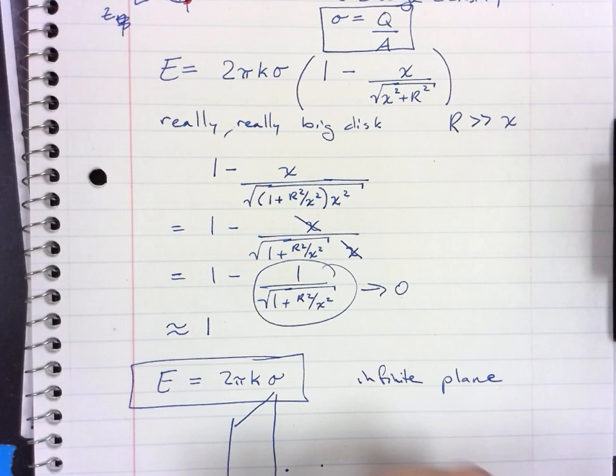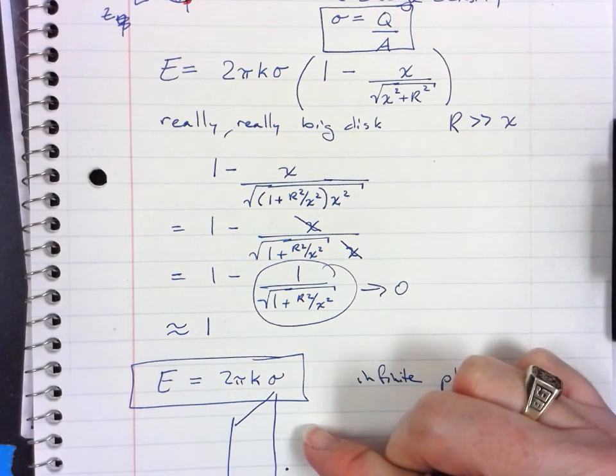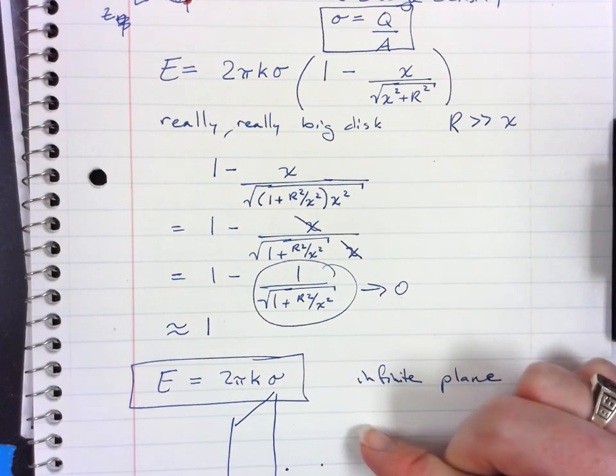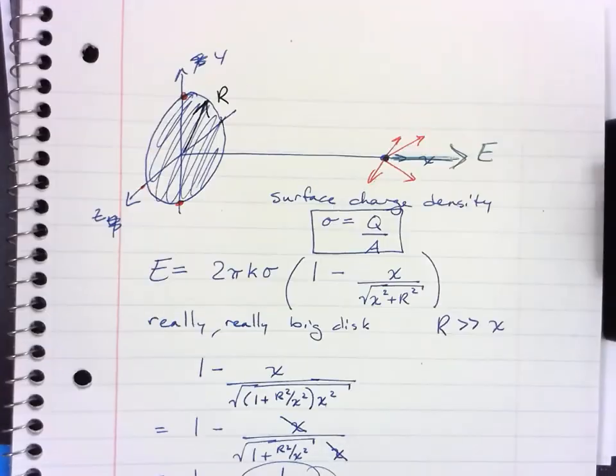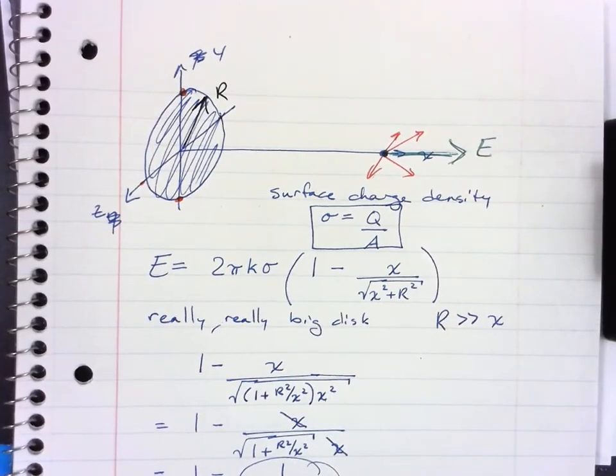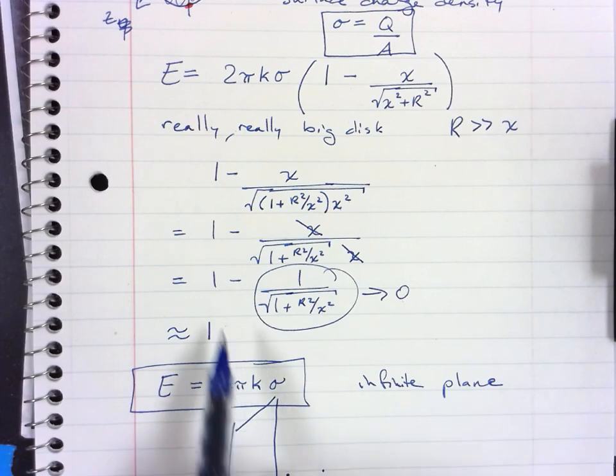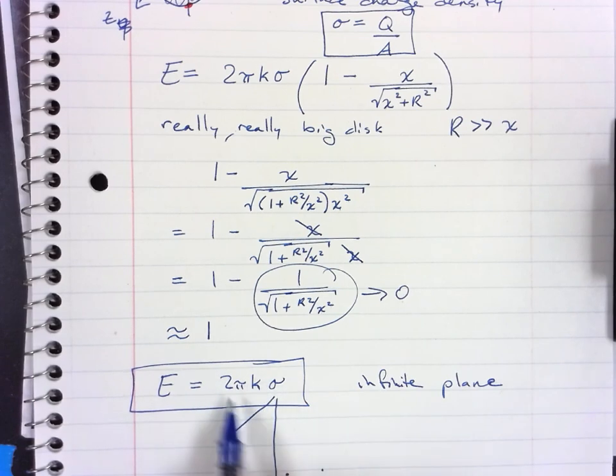It's almost like tunnel vision, like a cone, that you see just a little bit, and then you see more, and then you see more. So these effects just happen to cancel out exactly. And again, for the real proof of where this equation comes from, go look at the calculus video. But this approximation is quite valid. As long as it's a big enough plane that you can't really see the edges of it, the electric field is the same at all distances away.